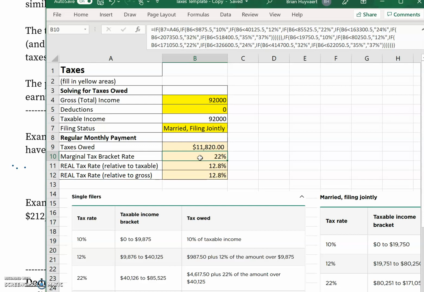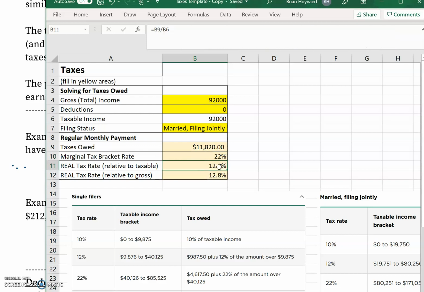That's never actually the amount you pay. Everybody just needs to calm down and learn a little bit of math here. Relative to the gross, it turns out we don't actually know the gross. If we have a gross amount and then account for our deductions, these two numbers will be different, but in this case, they're the same.